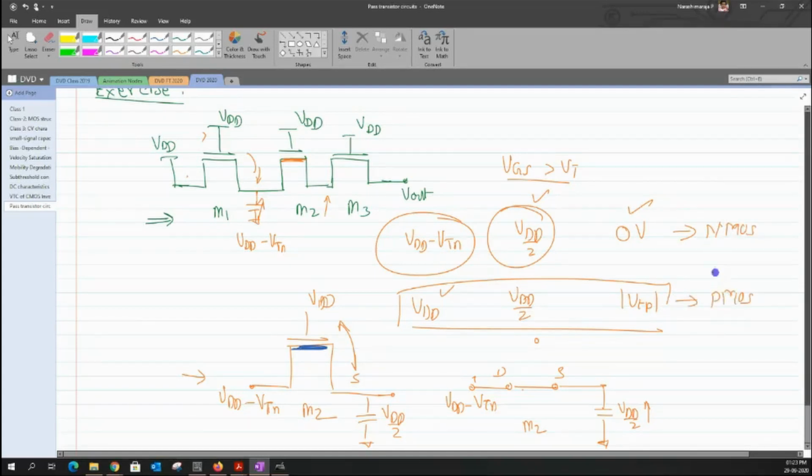Rather than having two different values, if I fix a common voltage, I don't need to worry about what type of circuit I'm working in. That's the reason why I said we will choose the initial voltage as VDD by 2 for both types of circuit. I'm not going to worry about what type of transistor I'm working on. Hope that this makes sense.